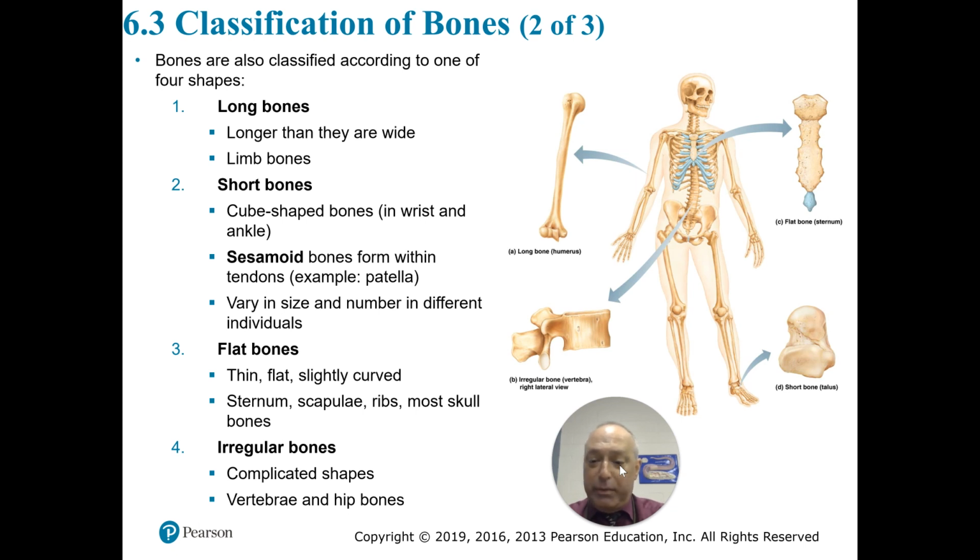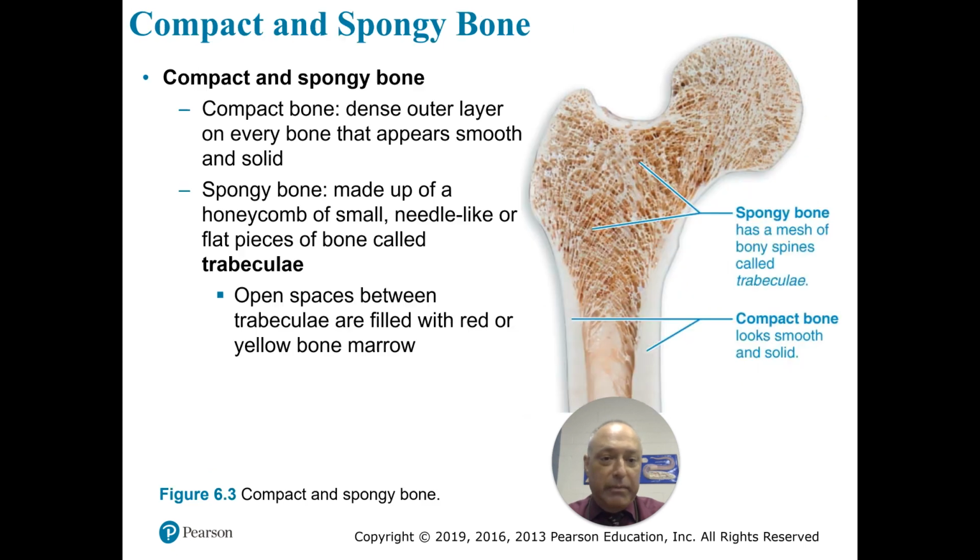We've also got flat bones, thin, flat, slightly curved. This would be the sternum, the scapula, the ribs. Most skull bones are flat bones. And then we have irregular bones, which are just more difficult to characterize. These are like the vertebrae or the hip bones.